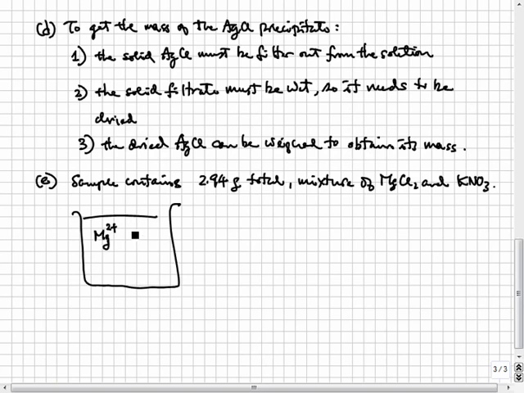The solution therefore contains Mg2+ ions, Cl-, K+, and NO3- ions. When Ag+ ions from silver nitrate are added to the solution, the Ag+ and Cl- will form a precipitate. The Cl- that ends up in this precipitate all came from the MgCl2.